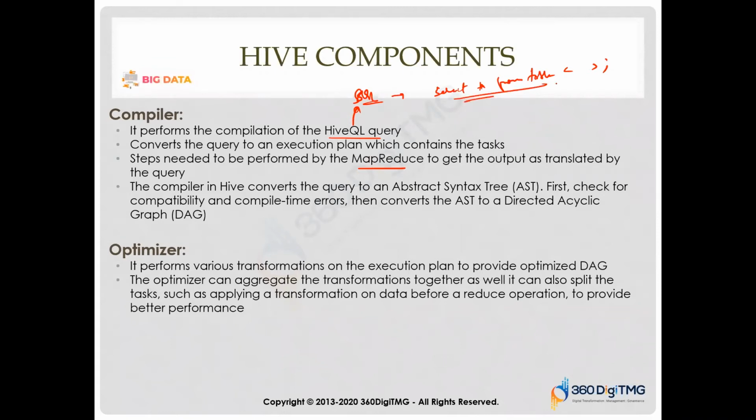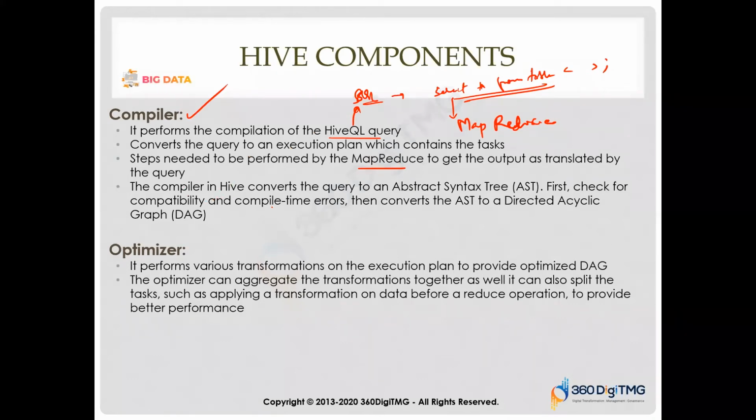So this query, which you are writing at a SQL level, at a high level, needs to be processed, needs to be converted into map and reduce jobs, which is the processing framework of big data. So the code has to be converted into map reduce tasks. Now that is basically done by this component called compiler.